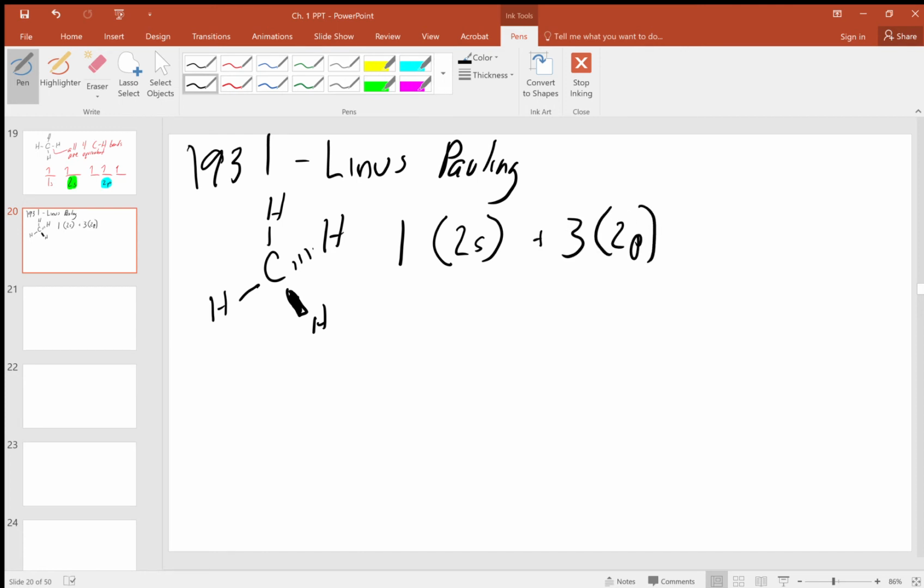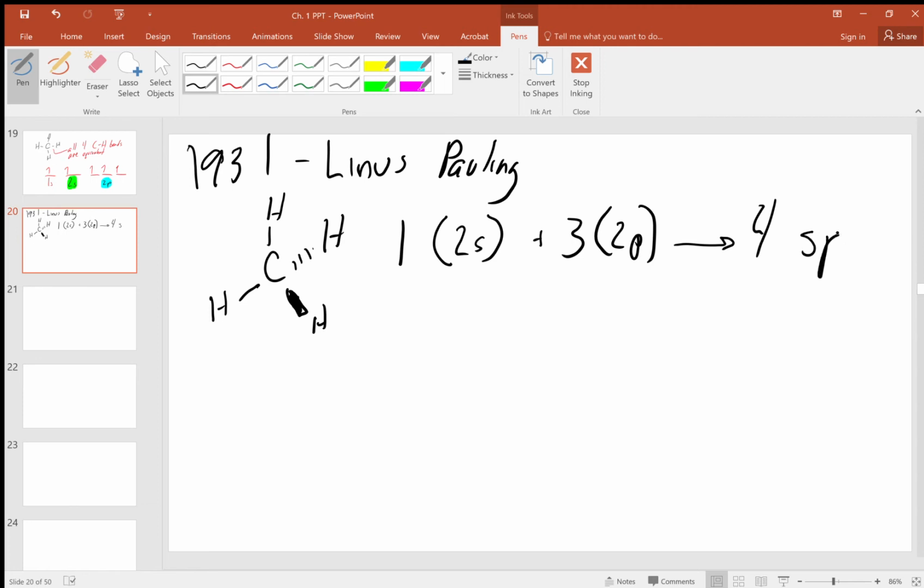Now, anytime we add orbitals together, we have to have conservation of orbitals. In other words, if we start with 4 orbitals, we have to end with 4 orbitals. So when this 2s orbital combines with the 3 2p orbitals, we're going to get 4 new orbitals.